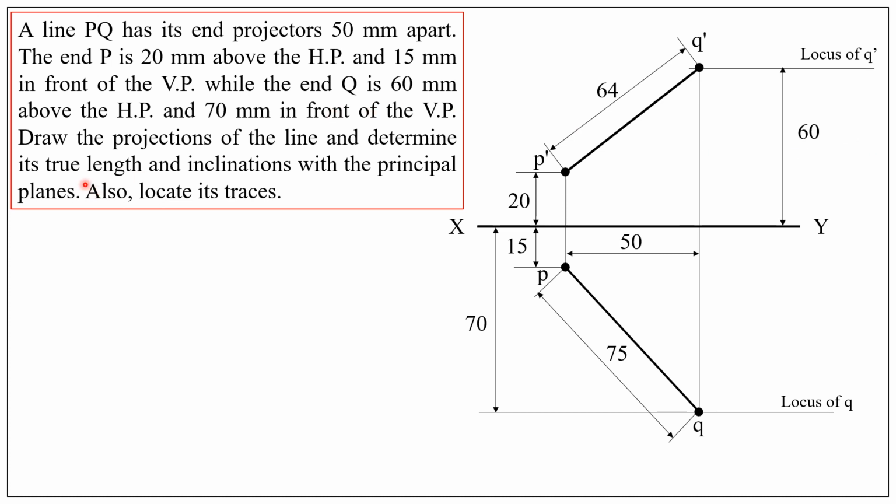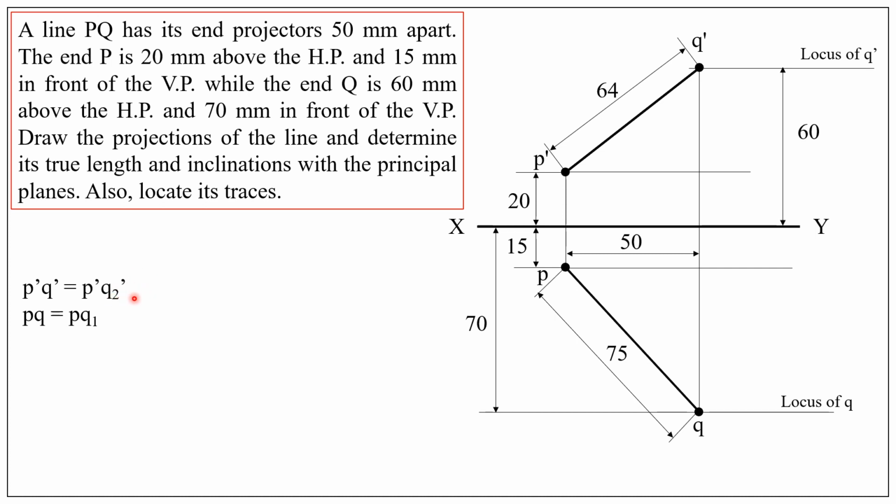Apart from drawing the projections, we need to determine the true length and inclinations. For determining the true length and true inclinations, draw a horizontal through P dash and point P in top view. Why are we doing this? Because we know P dash Q dash is equal to P dash Q2 dash. So P dash Q dash is the front view we have already drawn, and we don't know the position of point Q2 dash.